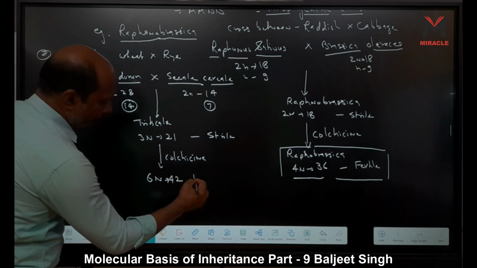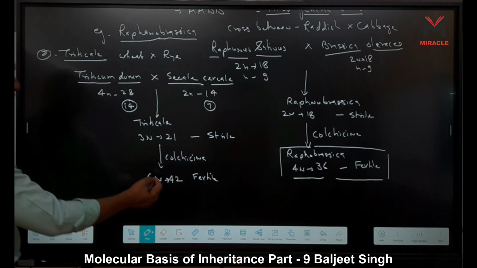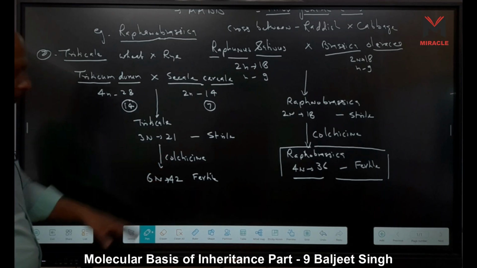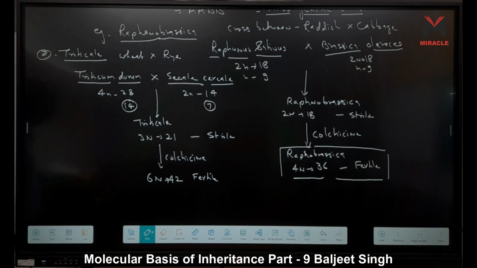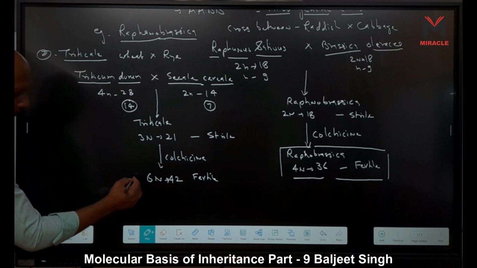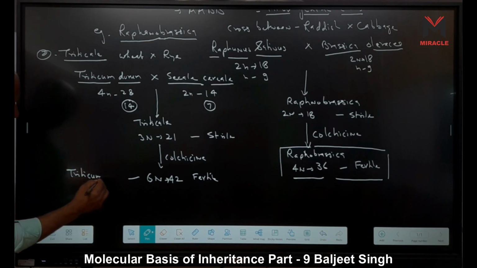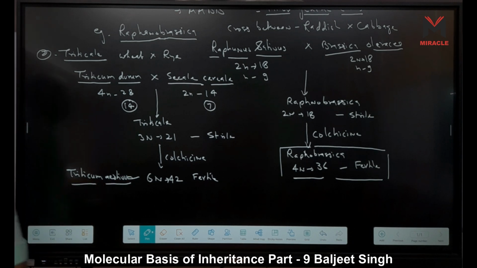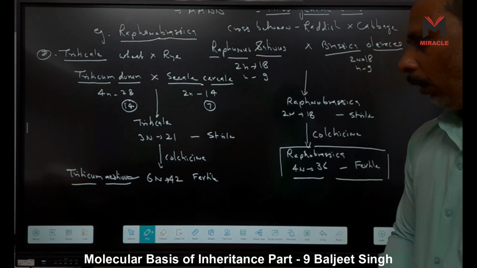And this one is fertile. This is also triticale, fertile. Do you understand? This 6n is our Triticum aestivum, which you read in our 11th portion, right? Triticum aestivum, wheat scientifically. Okay.